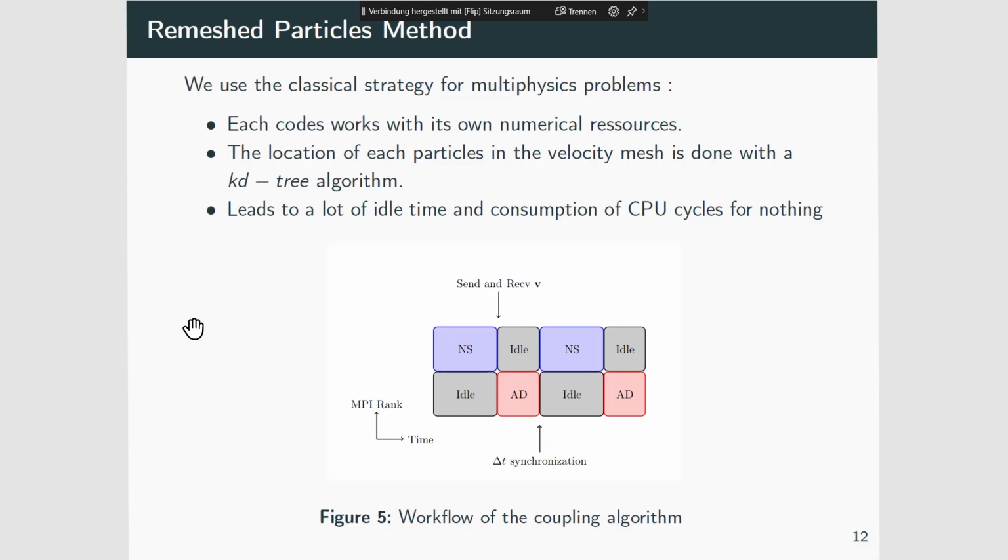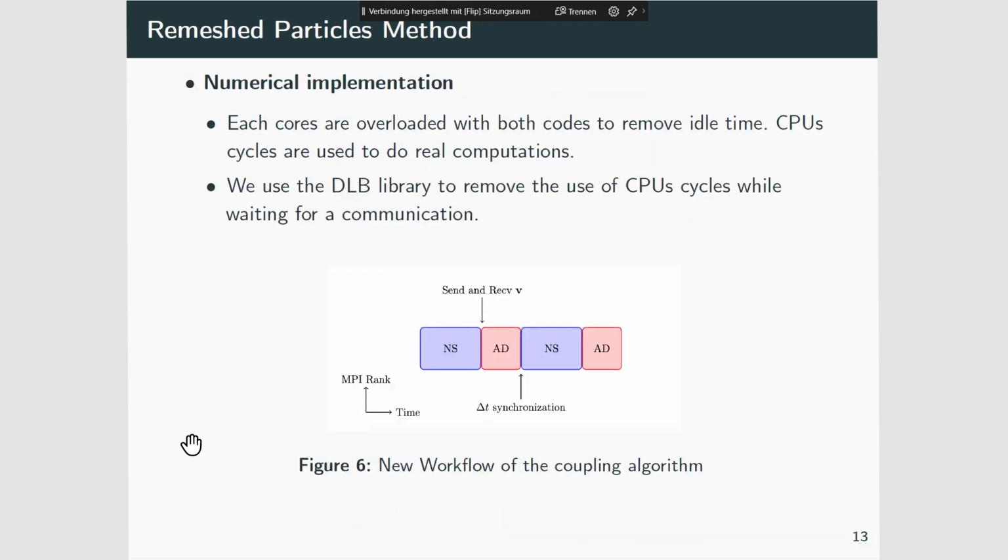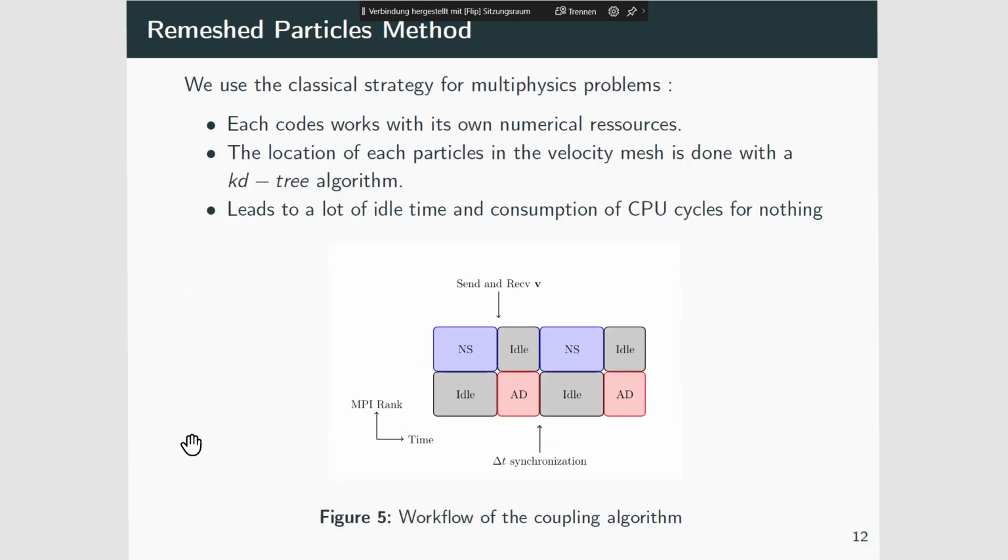So the workflow of our coupling algorithm works in a serial fashion. You solve the Navier-Stokes equation, then you send and receive the velocity field to the processors dealing with the advection equation, and then you solve the advection diffusion equation, etc.